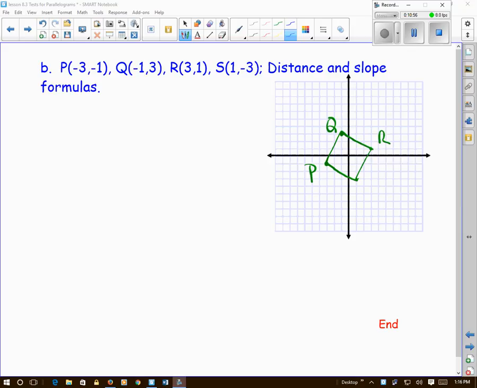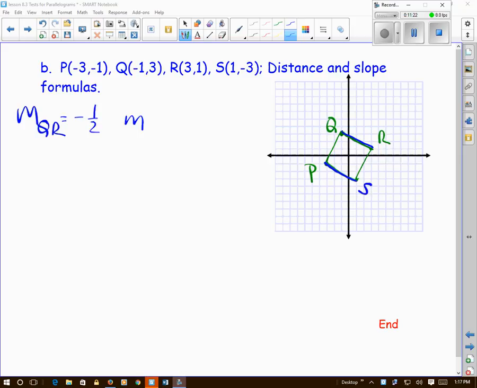And I'm going to pick QR and PS. So if we find the slope of QR, that's going to be negative 2 over 4, or negative 1/2.